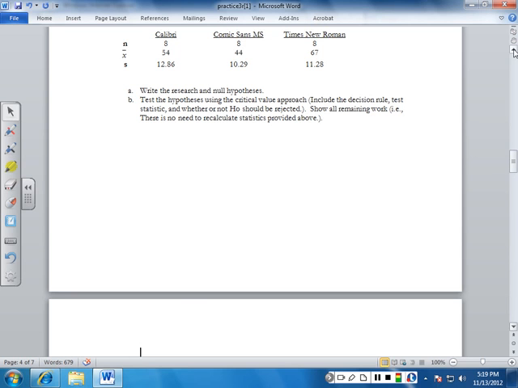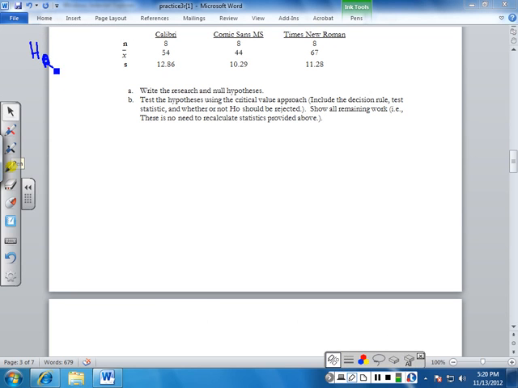The research hypothesis is going to be that there's at least one difference between population means.